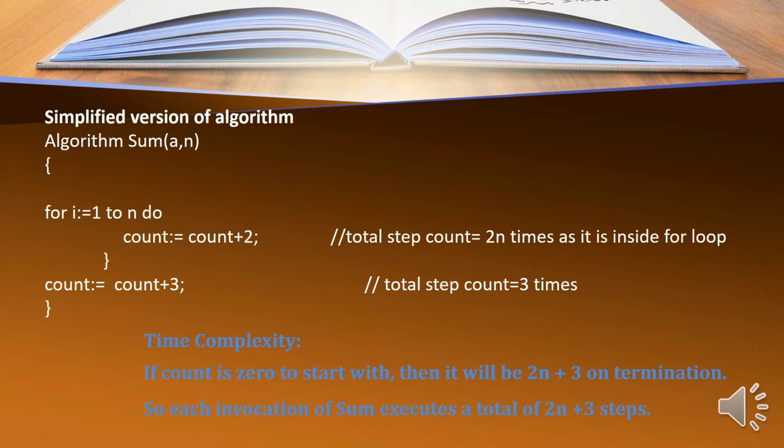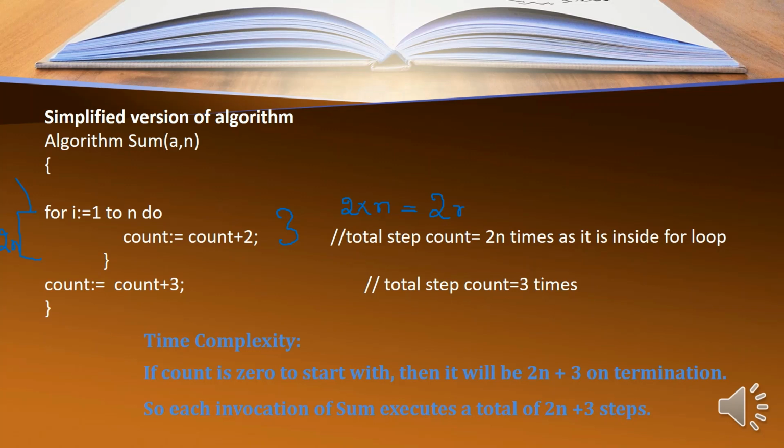So how many times does the total algorithm get executed? Inside this loop, count equal to count plus 2, so this particular statement gets executed n times. So 2 into n times, totally 2n times. Here it is 2n times, and here it is 3 times.